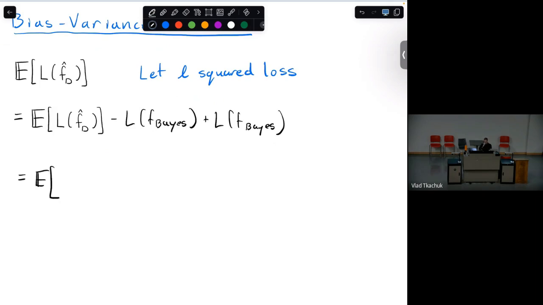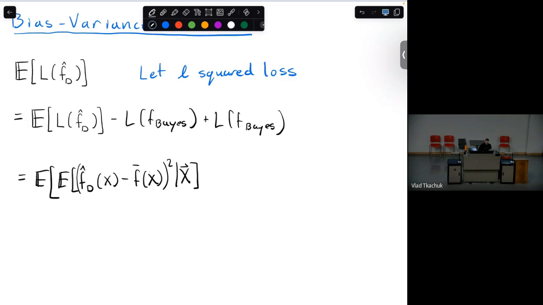The first one is what is called the variance term, and it looks like the estimation error. It doesn't look like it, but it gives you the same kind of information in some sense. This is the expected value of the conditional variance of your actual predictor. This thing in here is the variance of f hat conditioned on some feature x.